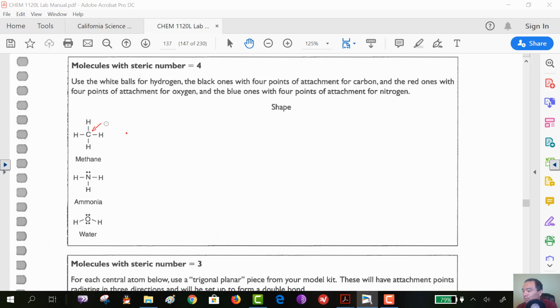You look at this carbon. For this carbon, the SN number, you have 4 bonds, but no lone pairs surrounding it. This gives you 4 total. If you refer to page 136, you would know it's 4 sticks with no rabbit ears representing lone pairs. So this would be called a tetrahedral.